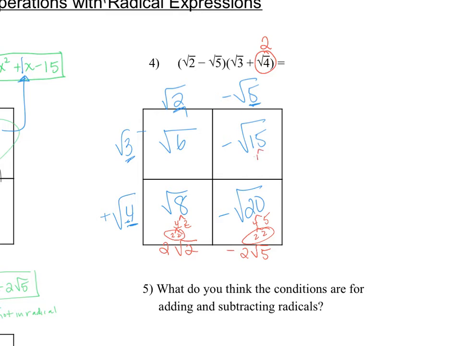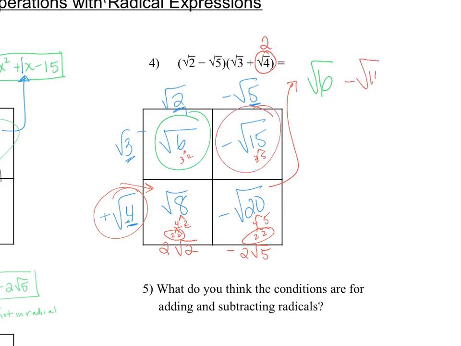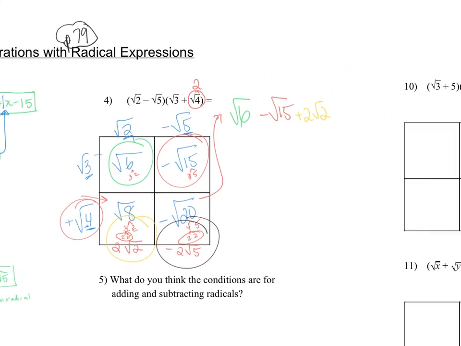15 can't reduce. That's 3 and 5. No pairs there. And this is 3 and 2. No pairs there either. So I just know that there were pairs in this last row and that was going to happen because of that square root of 4. So my final answer here, I have square root of 6, I have negative square root of 15, I have 2 square roots of 2, and I have negative 2 square roots of 5.